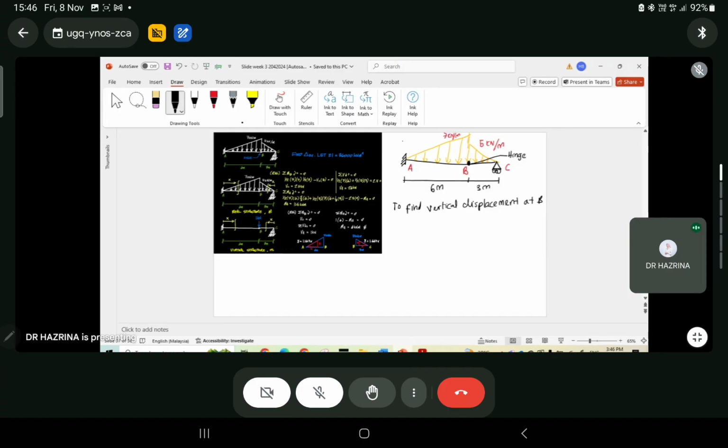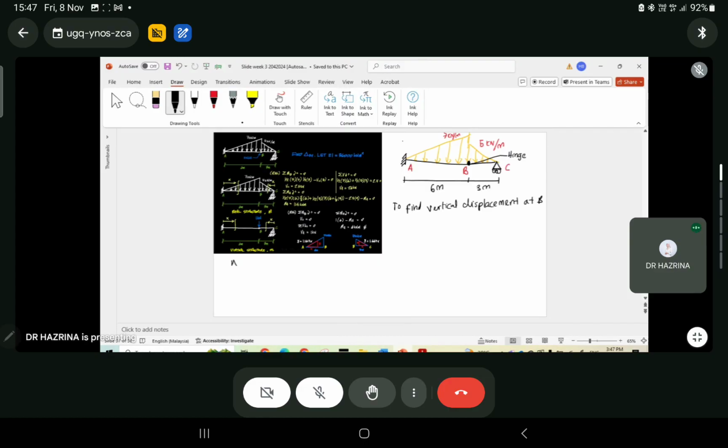In this particular case, definitely you need to find the reactions. To find the reaction forces, you have a hinge here. So what is the meaning of having the hinge at B? What is the function of the hinge?